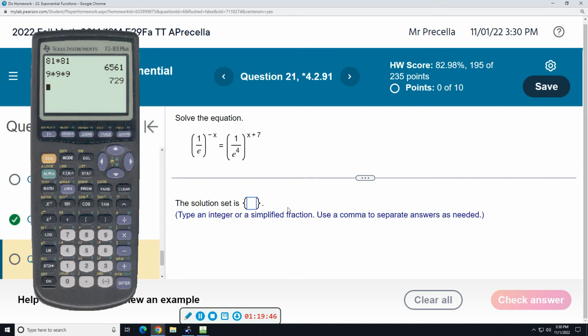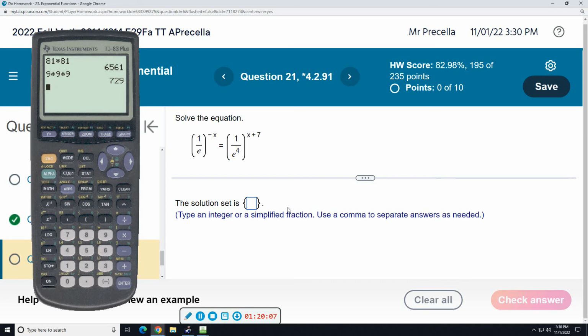Oh, wow. And then you see this problem, 21. It's not as bad as it looks because unlike problem 20, where you had to figure out the common base, there's no doubt what the common base is on 21. If you see an e in the problem, that's the common base.